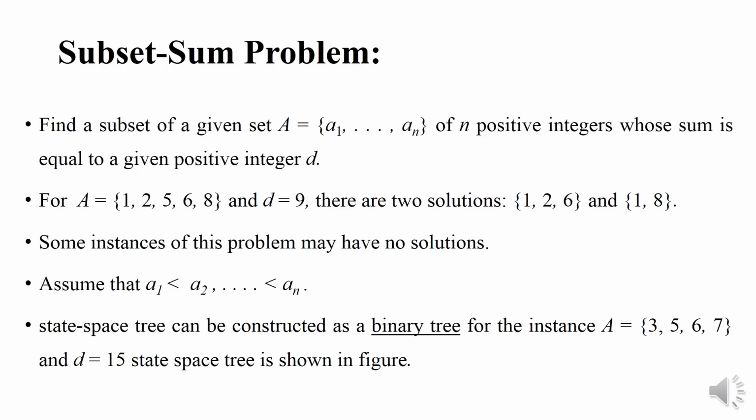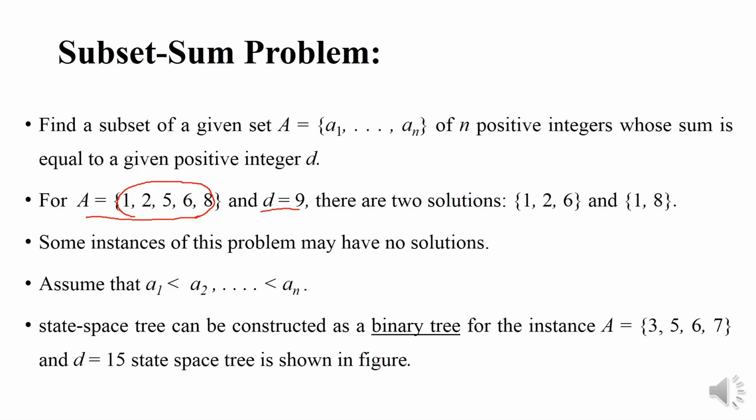So consider this example where you are given a set A with elements 1, 2, 5, 6 and 8, and the d value is given as 9. So you should select elements from this set such that whichever elements you include, their sum should be equal to 9. So I can have two subsets.